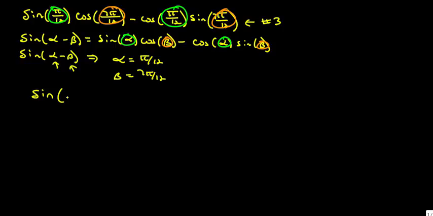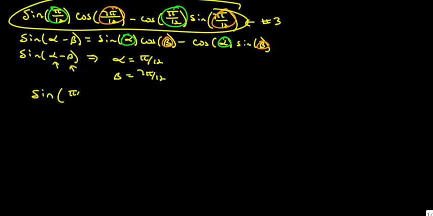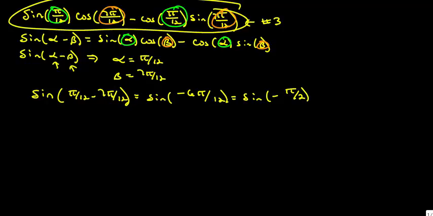So what we're really trying to find when we do this out right here is the sine of pi over 12 minus 7 pi over 12, which is equal to the sine of negative 6 pi over 12, which is equal to the sine of negative pi over 2, which is equal to the negative sine at pi over 2, and the sine value at pi over 2, or 90 degrees, is 1, so this should be a value of negative 1.